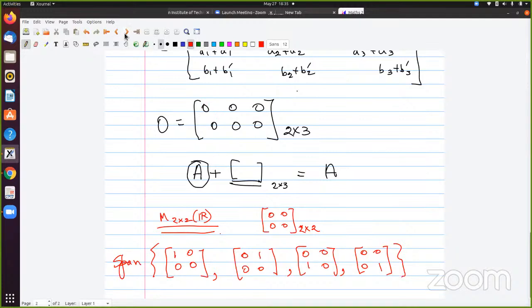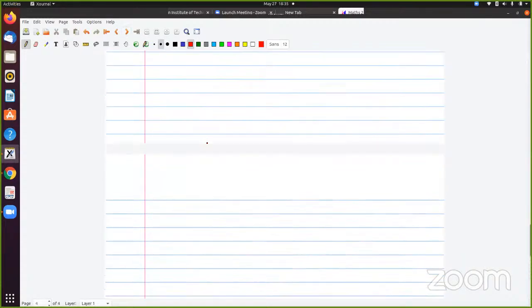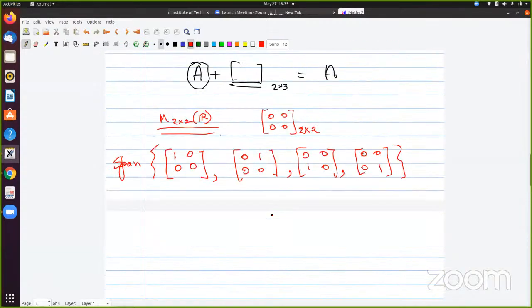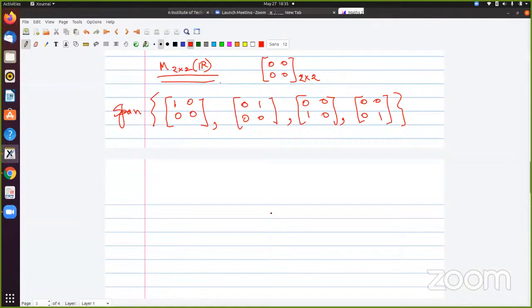The complete set of 2 cross 2 matrices over R, right. We know how to check a linear combination. Let's take a, b, c, d as 4 constants: a into the first one, b into the second one, c into the third one. So we can get any matrix we want. The general form of a 2 cross 2 matrix is a, b, c, d.